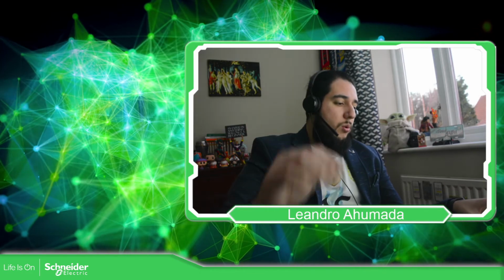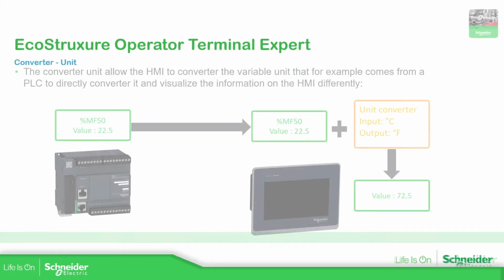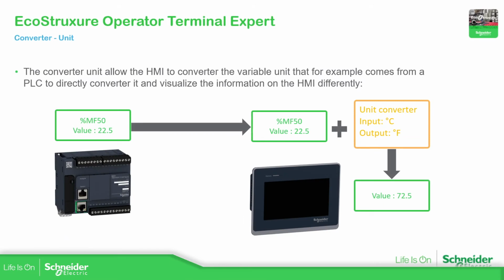So let's go to the presentation. In this video I'm going to focus only on one type of converter, which is the unit converter. Basically, if we go to the full screen, this converter allows us to change the unit of a variable.